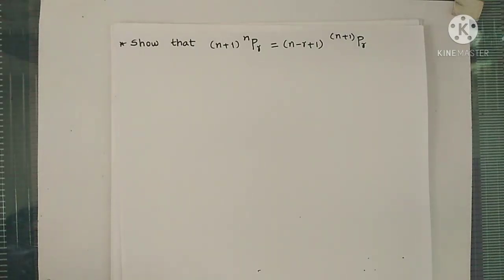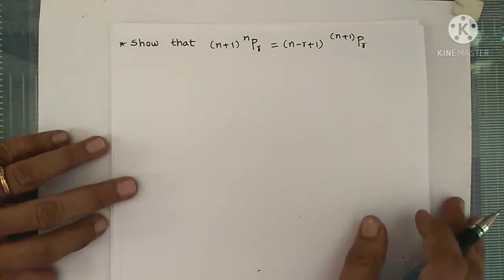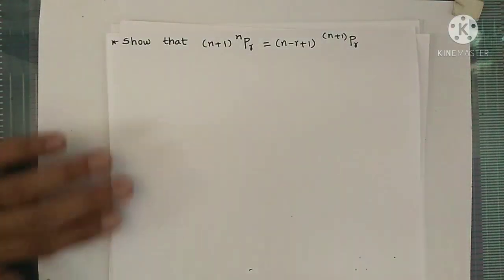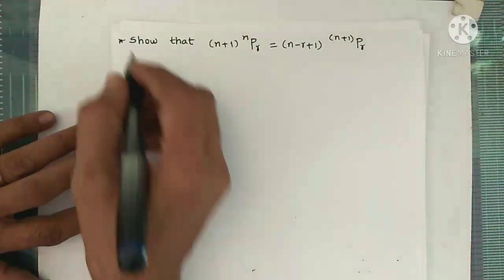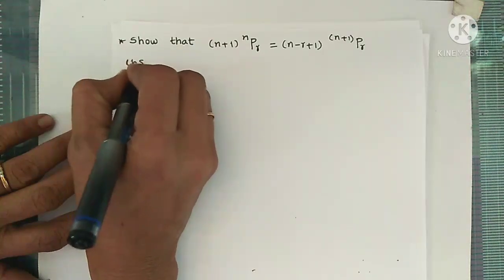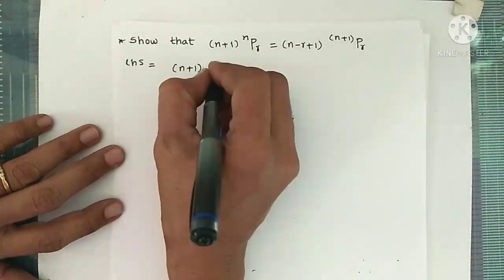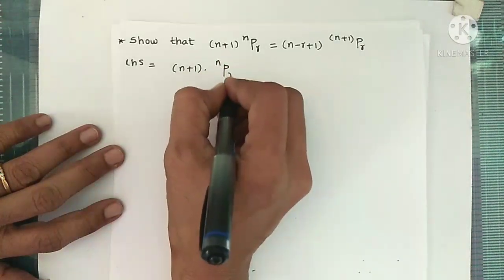Now let's prove this equation: (N plus 1) into NPR equal to (N minus R plus 1) into (N plus 1)PR. So let's use the formula. Let's solve the left hand side and right hand side, and let's prove that both are equal. So the left hand side is (N plus 1) multiplied by NPR.